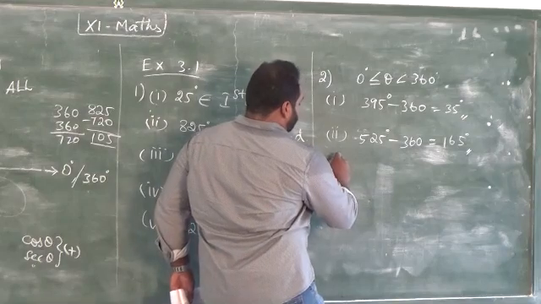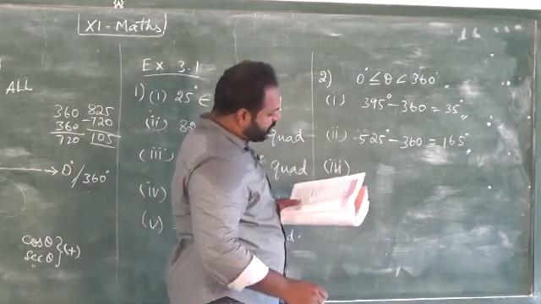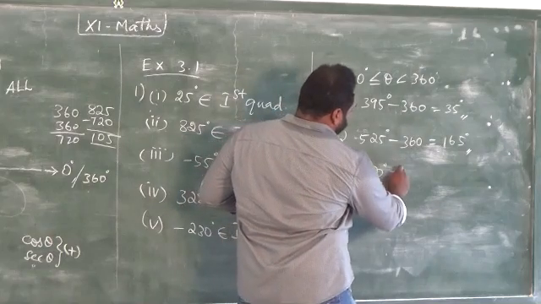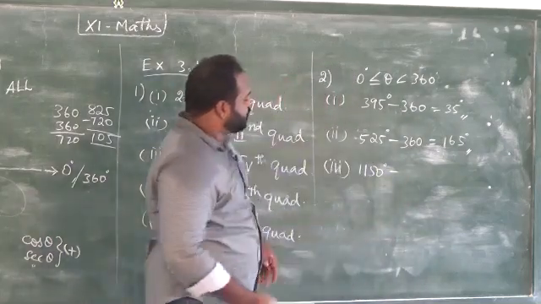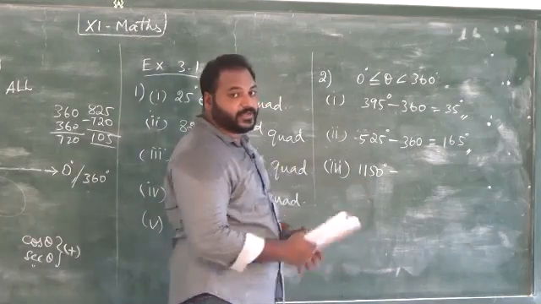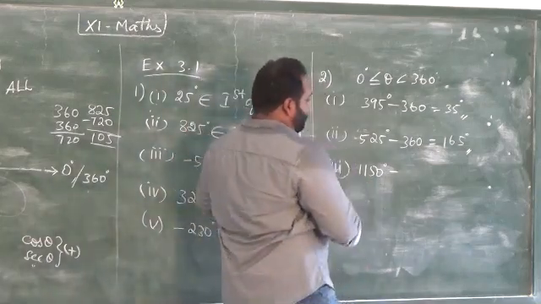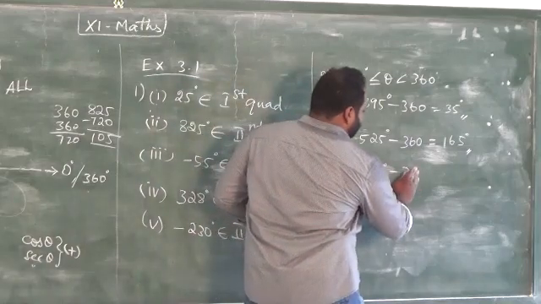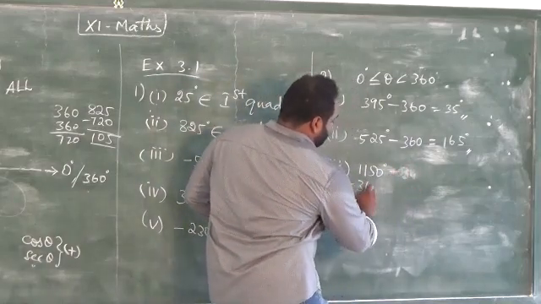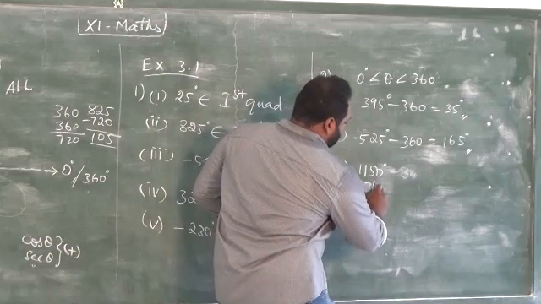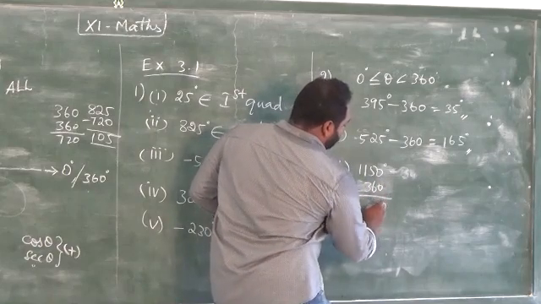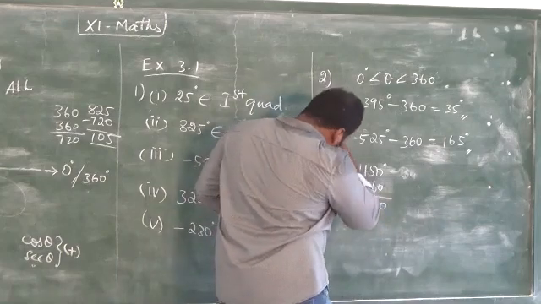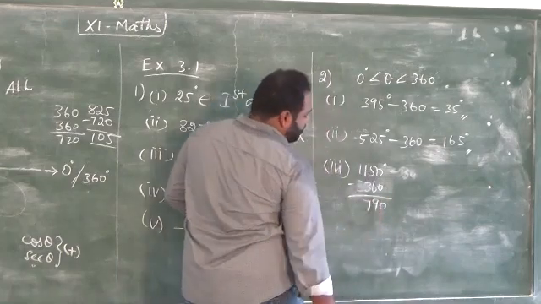Sorry, third one, 1150. For your understanding, I will do it one by one. If you subtract 360, it is 790.